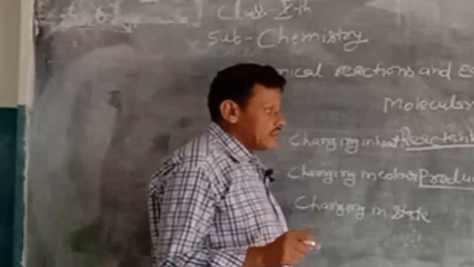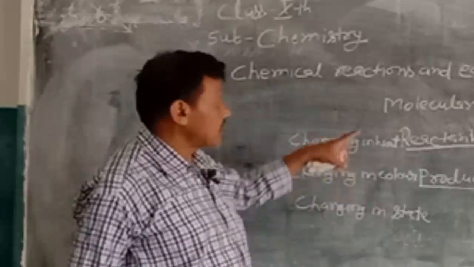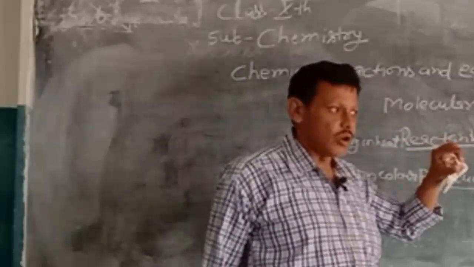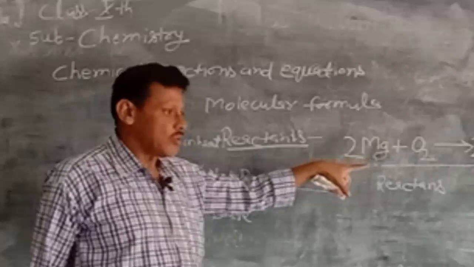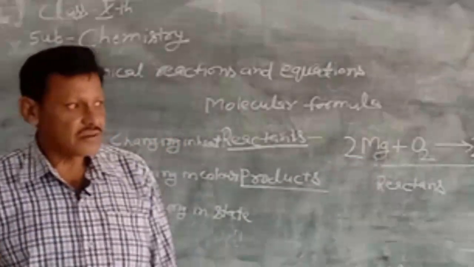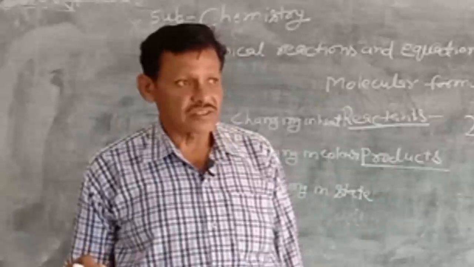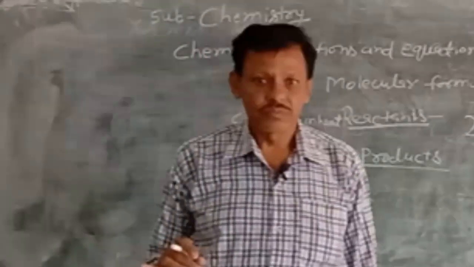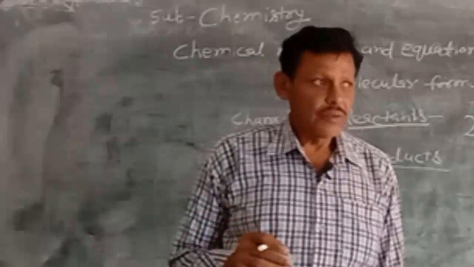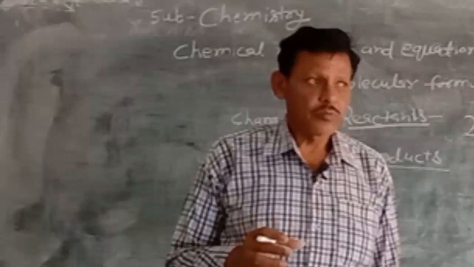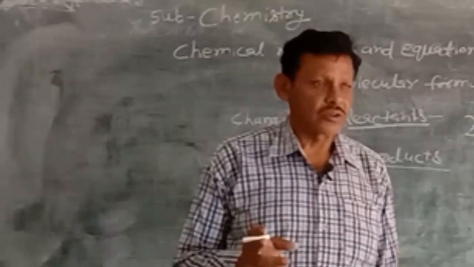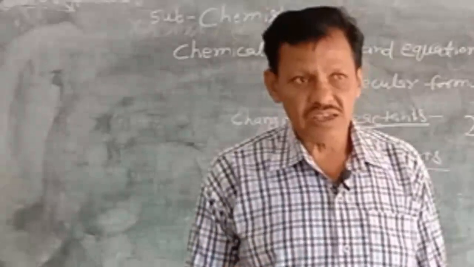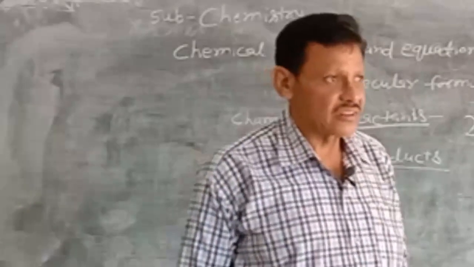And for these changes in chemical reactions, we write chemical reactions in the form of a special type of language. There we use symbols and molecular formulas, and in this way we prepare a skeleton equation of any chemical reaction. To write a chemical equation, we need to know the molecular formula of reactants and the molecular formula of products. What are reactants? Those substances which take part in chemical reactions are called reactants.